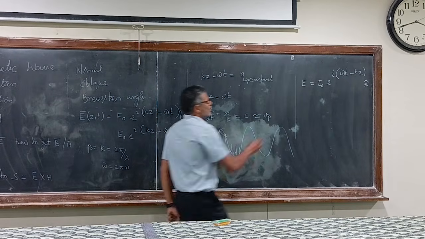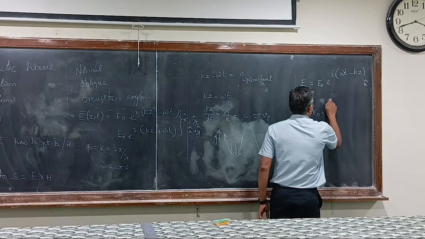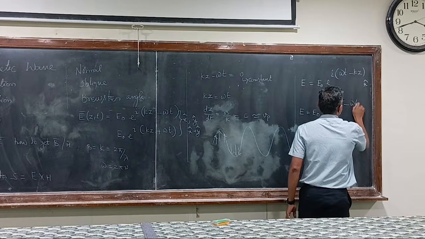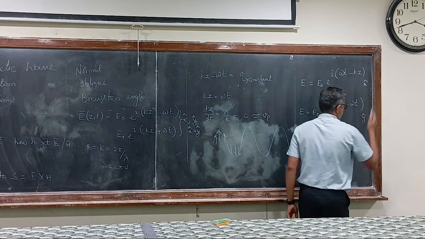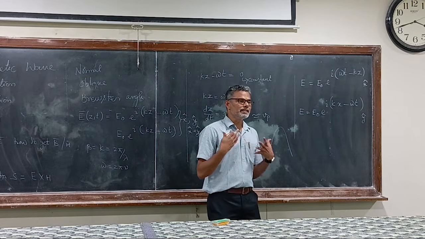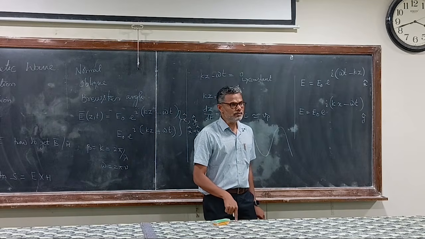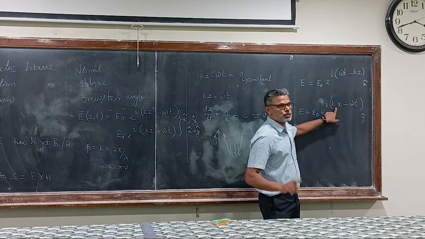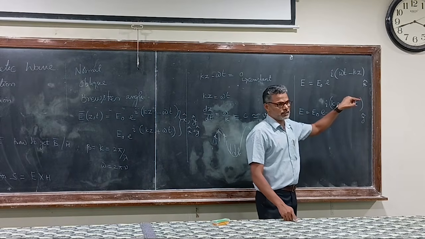I can also write this as E equal to E0 e to the power of i(kx minus omega t), and this vibration will be on, let's say, y. I can still write this. It's a valid electromagnetic wave, electric field representation. Now, if someone asks the direction of the wave, you need to look at whether the velocity is positive or negative, and the coefficient of k is the propagation direction.